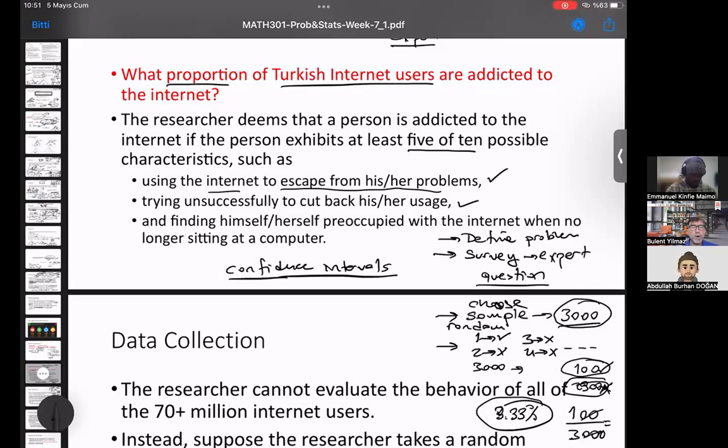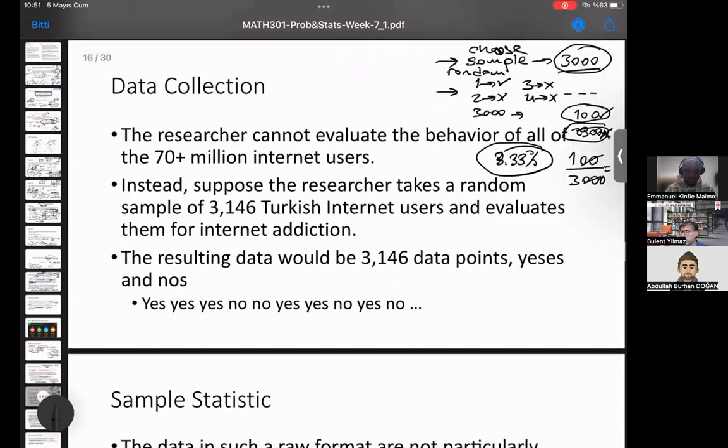Maybe you may want to focus only on young people. That's your selection. You may say, I'm only interested in high school students or university students. Then you focus on a subset of the whole population. Okay, is this clear, guys?